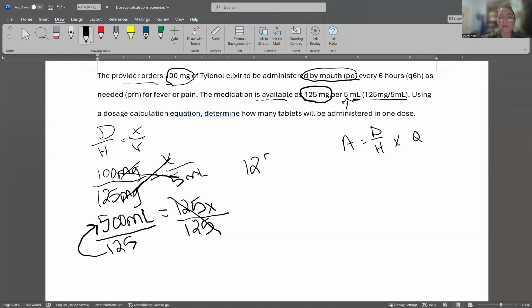If you do your calculations on scrap paper or on your phone, you're going to see that 125 evenly goes into 500 4 times. So 4 times 125 is 500, subtract, and you get 0. That's all the further we have to go. So you have 4 milliliters equals X.